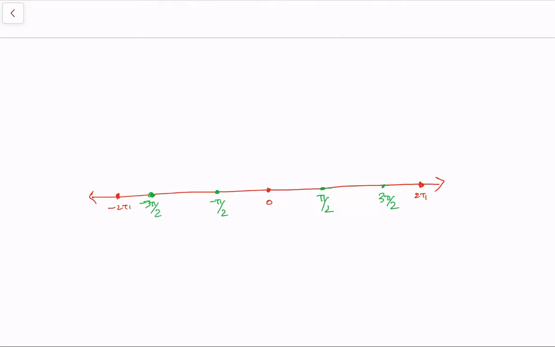We have, actually, negative 5 pi by 4, sorry. Negative 5 pi by 4, negative pi by 4, 7 pi by 4, and 3 pi by 4. Obviously, these are approximate drawings.